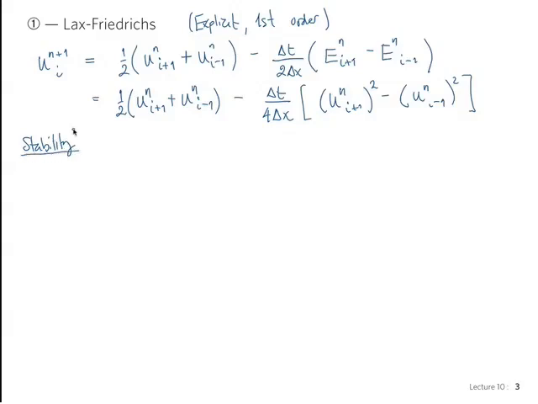And so let's look quickly at stability. Now recall that stability applies for linear systems. So in order to study stability, we need to linearize first.